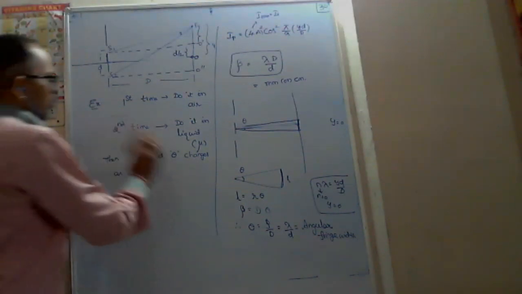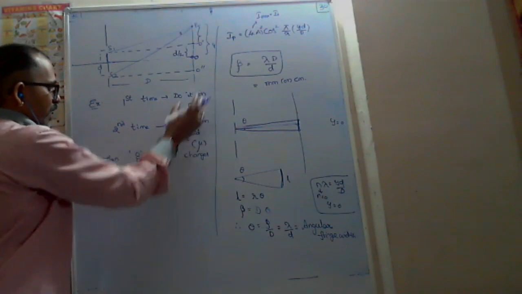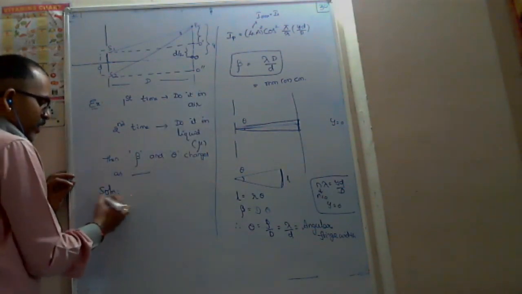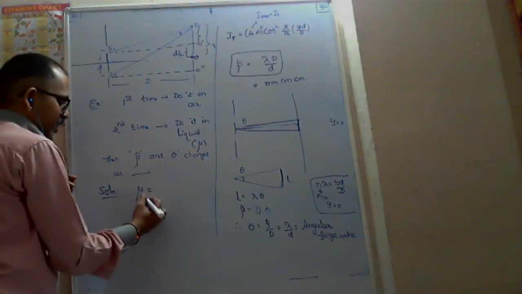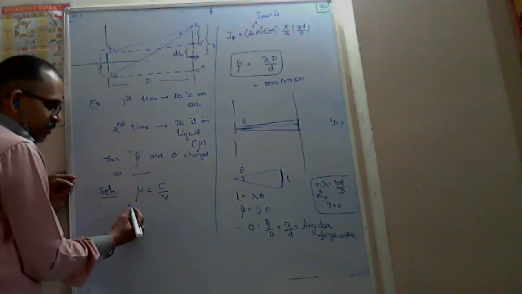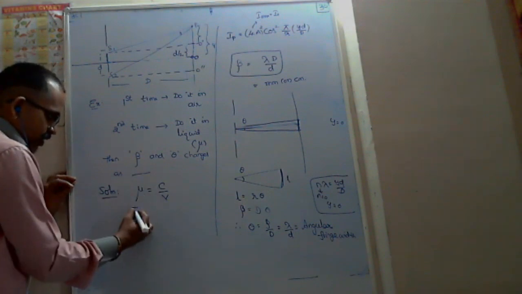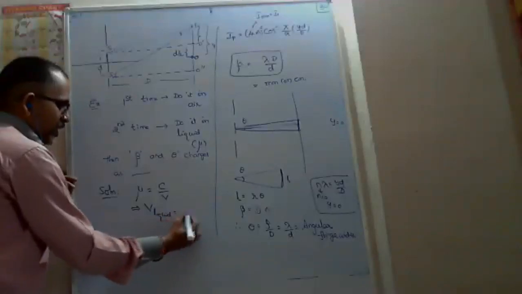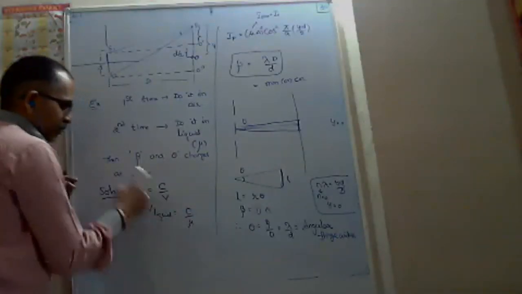So here, for the first time and the second time, air and liquid, as you know, the refractive index of a liquid is mu equals C by V, and for air it is one. Means the velocity of light in liquid is C by mu.